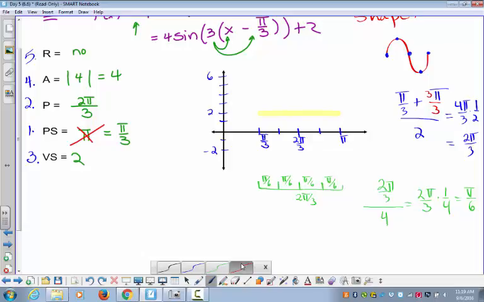So our key points, there's definitely 3 right on the center line. And normally we have a key point up at the left and down at the right. We check to see if there's a reflection. There's no reflection, so that will stay. We're going to be up at the left midpoint and down at the right midpoint. And that will be our first period then.